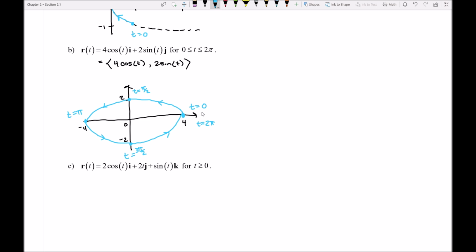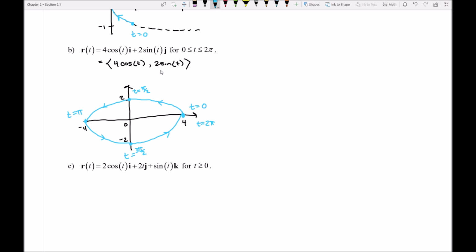What I've created here is ultimately some sort of oval-like shape. And the interesting part here is you might remember that the cosine is typically associated with an x direction on the curve. And here we see that this 4 in the front is representing how far out I've moved in that x direction.